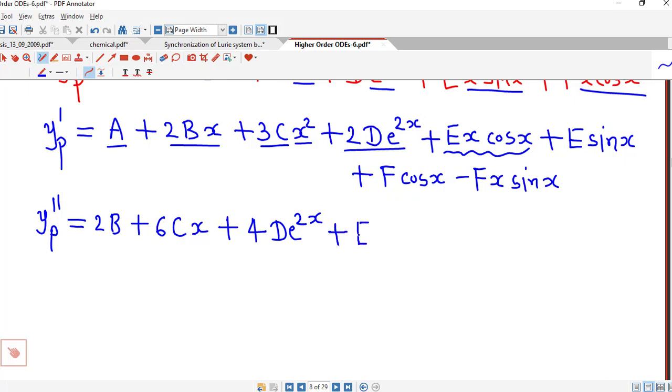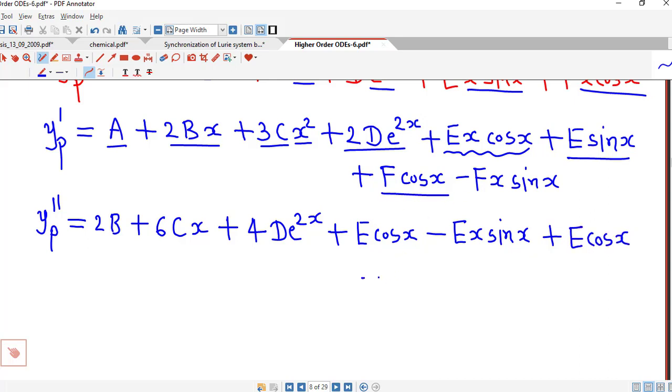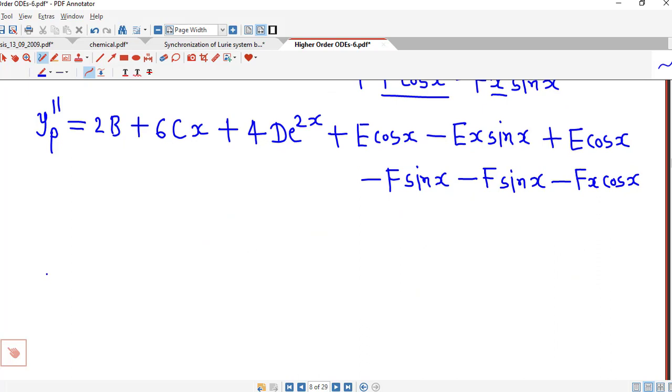So first derivative of x is 1, e cos x as it is, derivative of cos x is minus sin x, e into x as it is. Here derivative of sin x is cos x, so e cos x, derivative of cos x is minus sin x, so we have minus f sin x. Here first we differentiate x, so we have sin x as it is, and then we keep x as it is, derivative of sin x is cos x. So this is the second derivative.